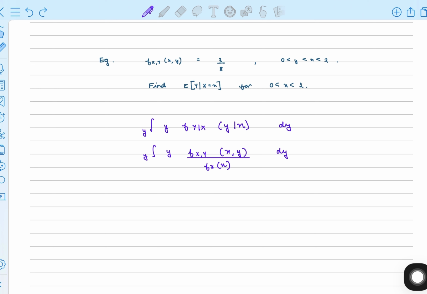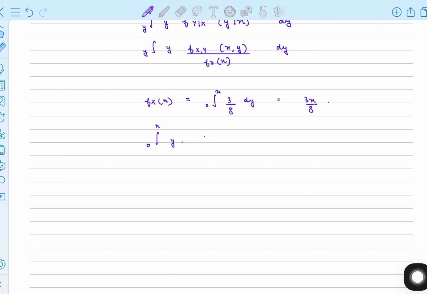Therefore, we are required to calculate it. Then, we input this value in the above integral. This gives us our final answer as x/2.